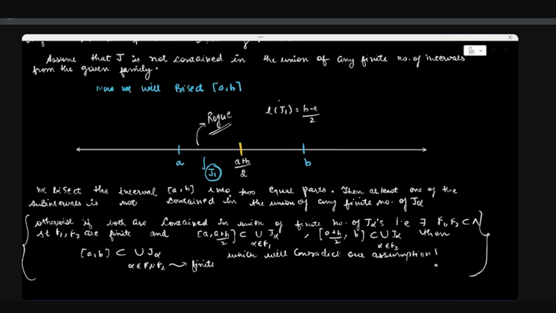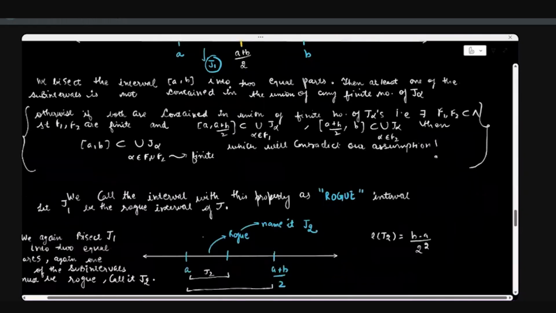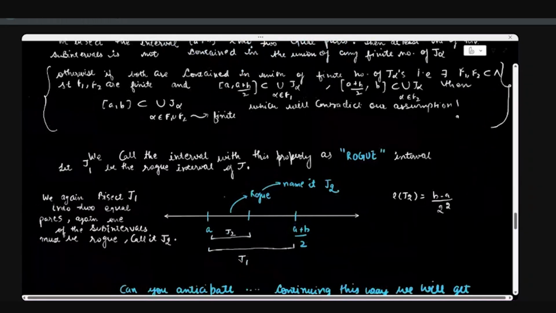Why? Because if both the subintervals of AB have a finite subcover, then the union of those finite subcovers will act as a finite subcover for the whole J. But we have assumed that J doesn't have a finite subcover, so it contradicts our assumption. So at least one of these should not have a finite subcover. I have written the same thing here.